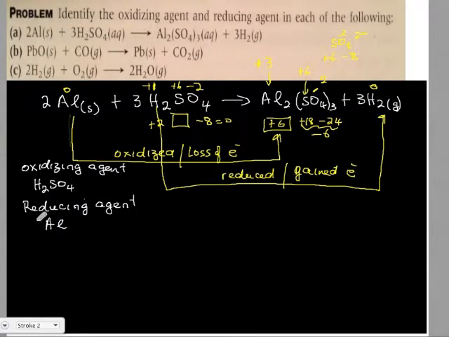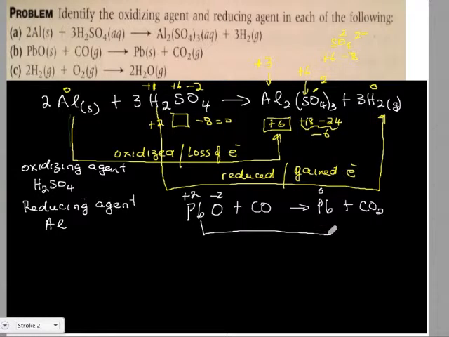Okay, so for the second one, for the lead oxide combined with carbon monoxide gives you lead and carbon dioxide. You know lead is 0. Here it's -2, so this would be +2, and we can tell that lead went from +2 to 0, so it is reduced.